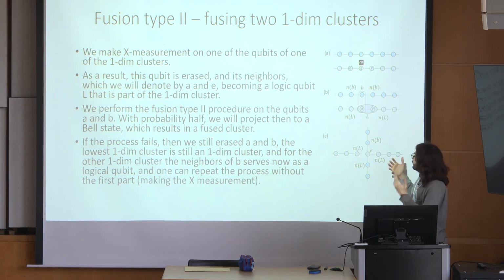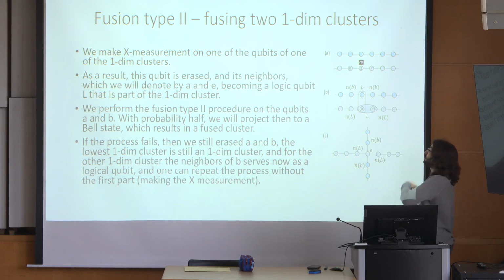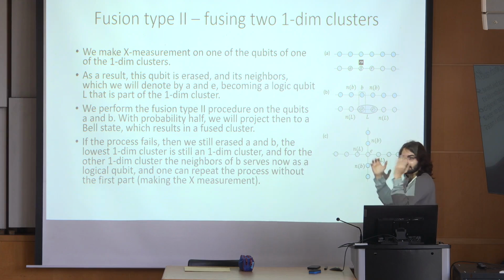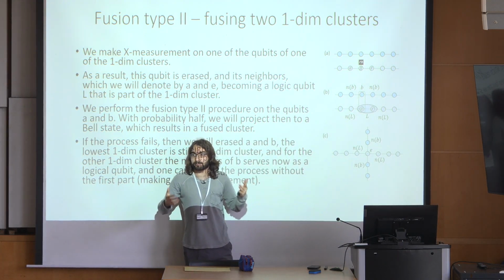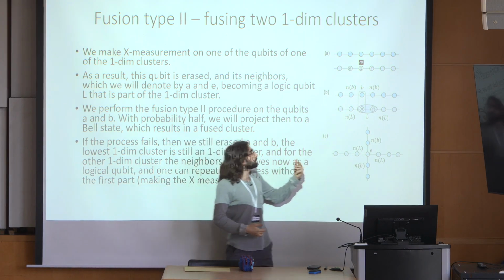So we have some probability to measure them in a way that the resulting state will be this plus graph, which aligns both into a one-dimensional cluster, and some probability it fails and they will remain separated.